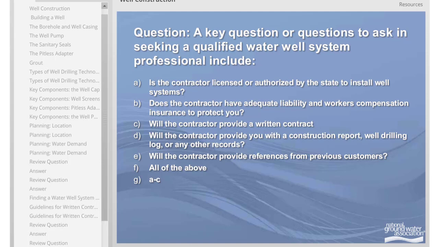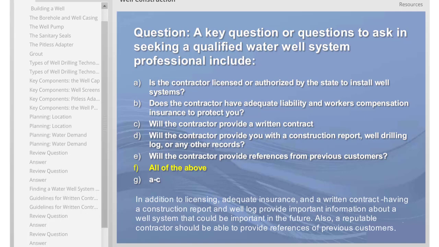C. Will the contractor provide a written contract? D. Will the contractor provide you with a construction report, well drilling log, or any other records? E. Will the contractor provide references from previous customers? F. All of the above. And G. A through C.